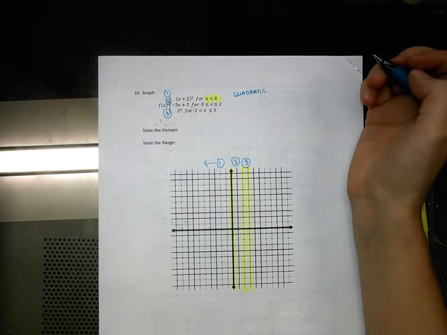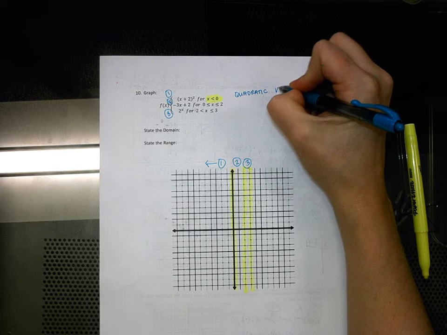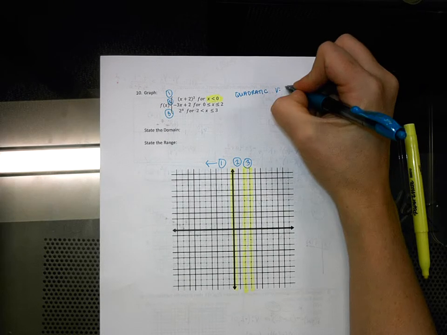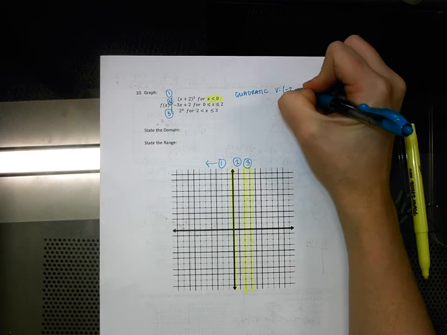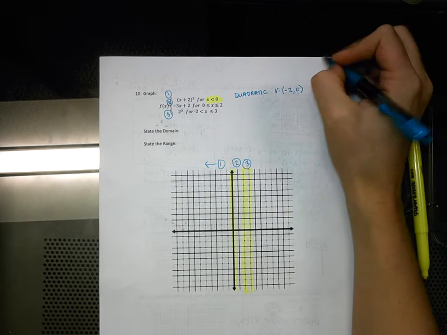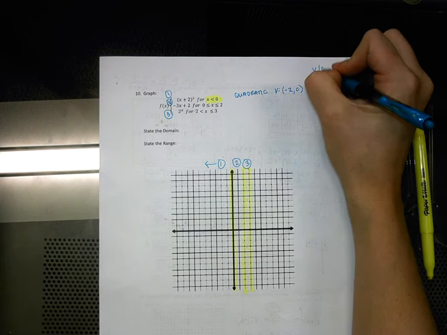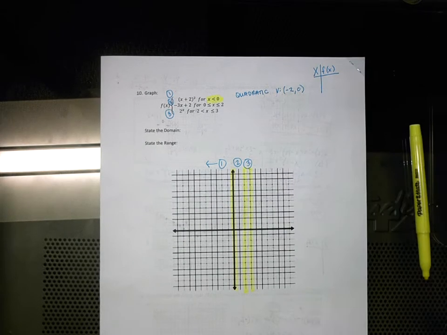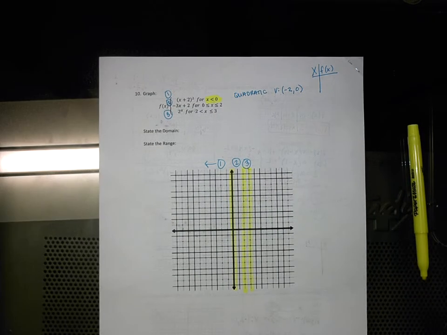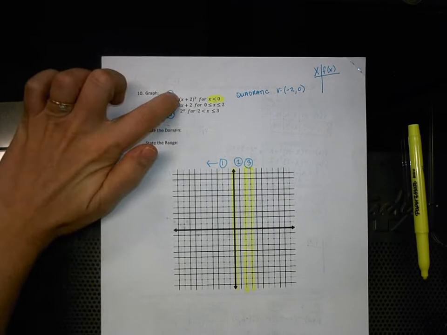Where my vertex is -2, 0. I know my a value is 1, but I can't use it as a slope.